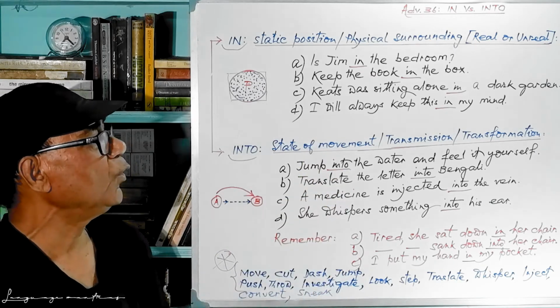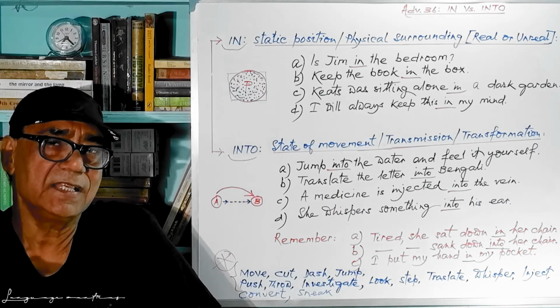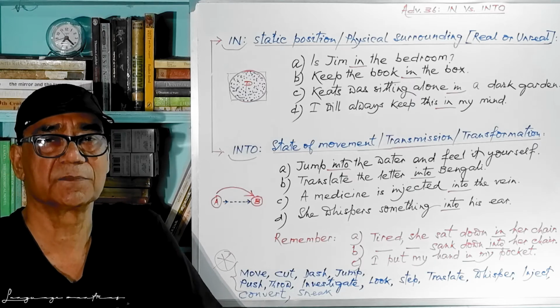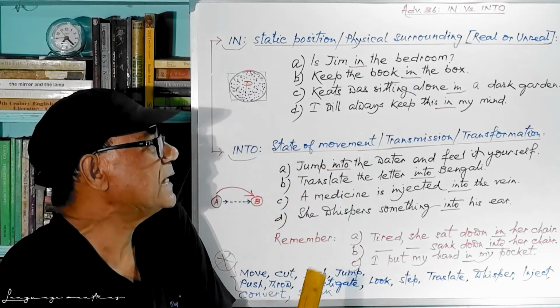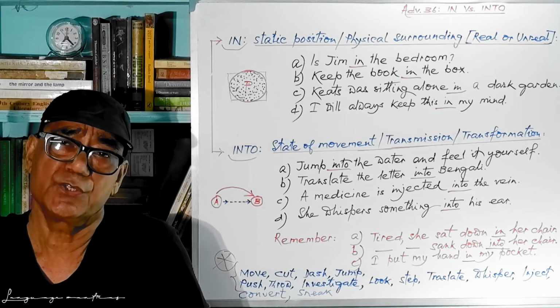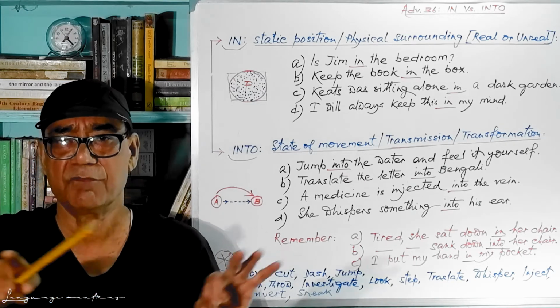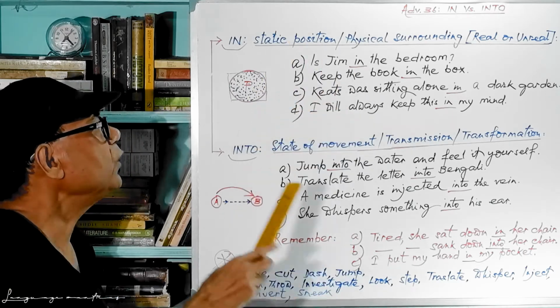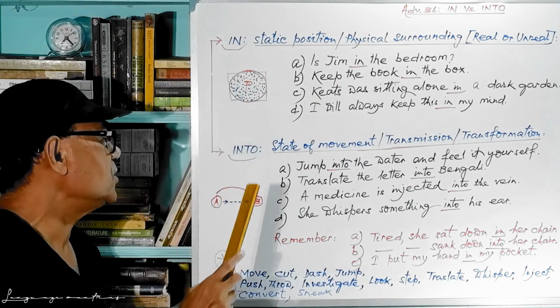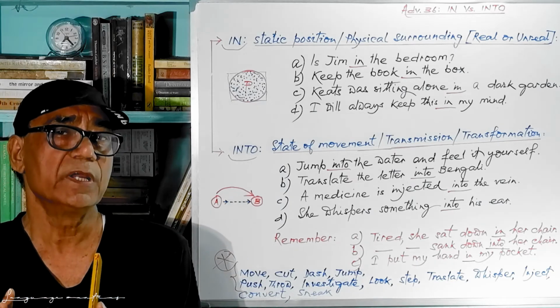Keats was sitting alone in a dark garden. A snake sneaks into the dark garden. I'll always keep this in my mind. She always tries to drive something into my mind. So you see the difference between in and into. You remember these images and things will be easy for you to remember.